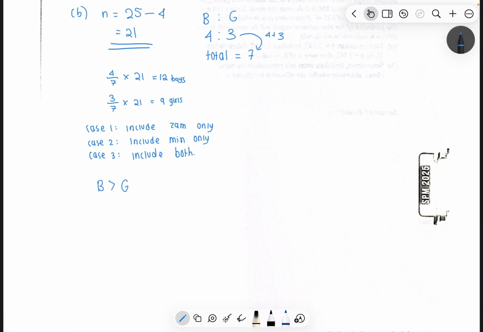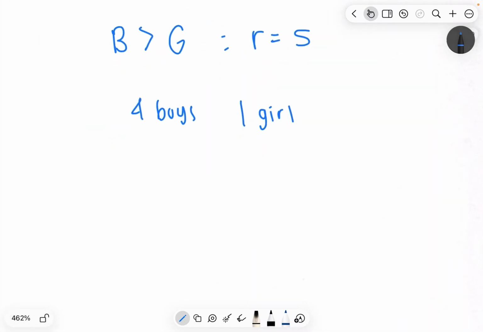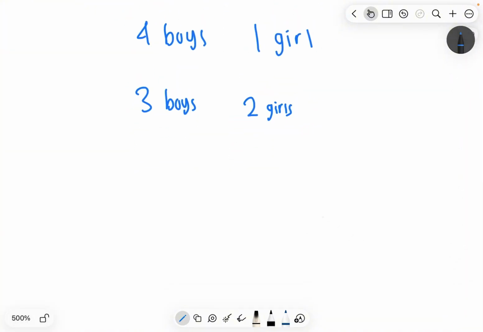Definitely you have to know that the first condition is that the number of boys has to be more than girls. So what are the possible scenarios? Since r is equal to 5, you can choose 4 boys and 1 girl. You can also choose 3 boys and 2 girls. Logically, you cannot choose 2 boys and 2 girls.